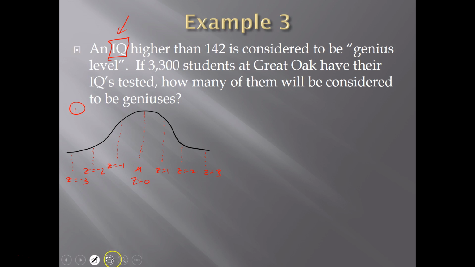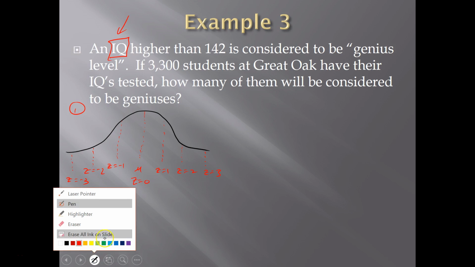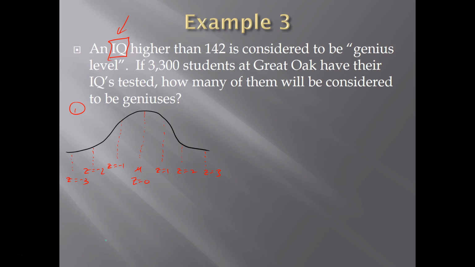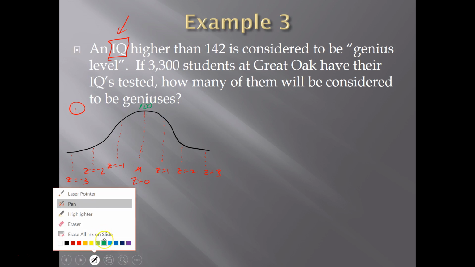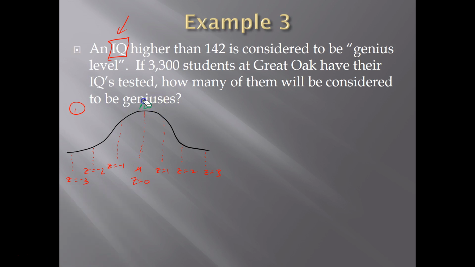All right, now what you want to do next is put in the raw scores that correspond to these z-scores. So like right here, z-score of 0 means you're right on the mean, right on the mu. Well, we know from the previous problems that when it comes to IQ, 100 is the mean.